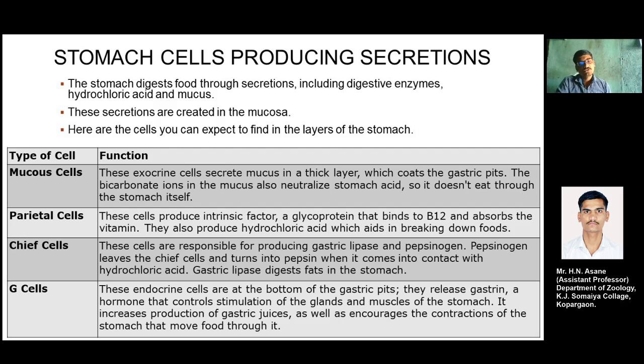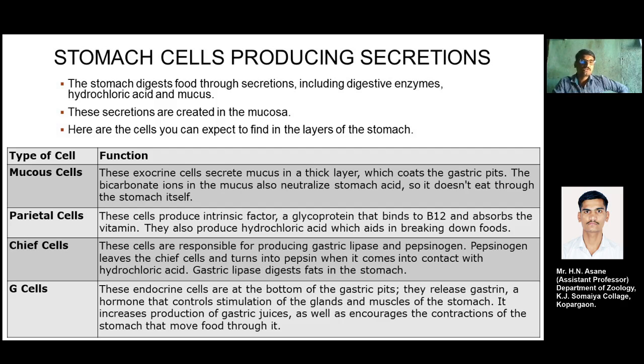So it leaves the chief cells and turns into pepsin when it comes into contact with the hydrochloric acid. The gastric lipases digest fat in the stomach. Lipases are the enzymes that digest fat, and the micelles are digested with this gastric lipase.